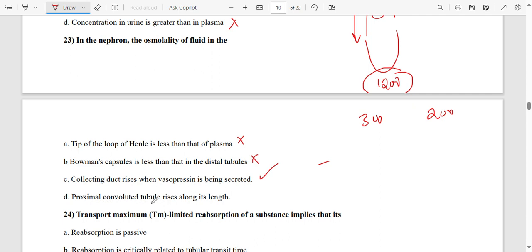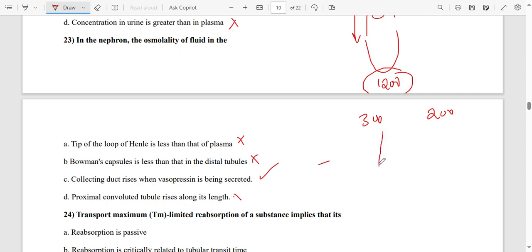Proximal convoluted tubule rises along its length. Now, this statement, we're supposed to tick it on top. We had ticked it, but the best here would be C. The concentration along the proximal tubules is going to be, in the nephron, the osmolarity of fluid in the proximal convoluted tubules rises along its length.